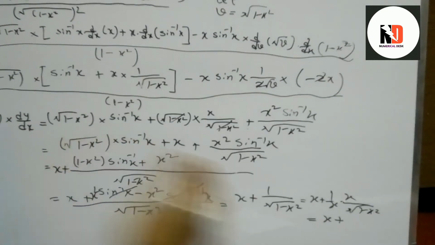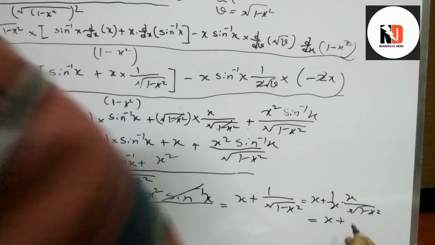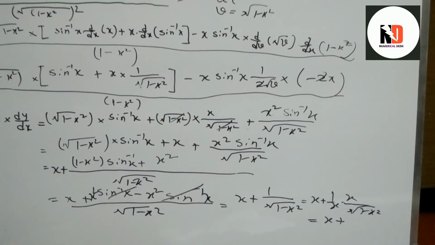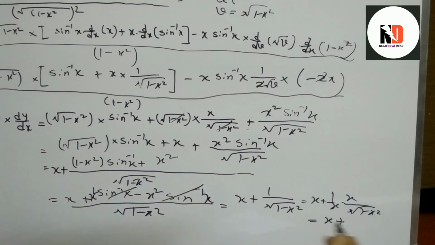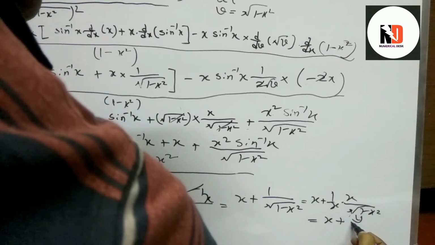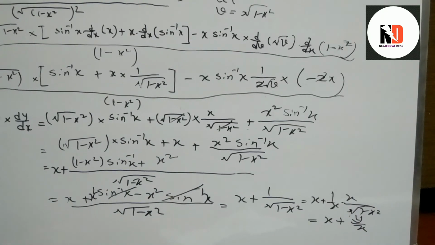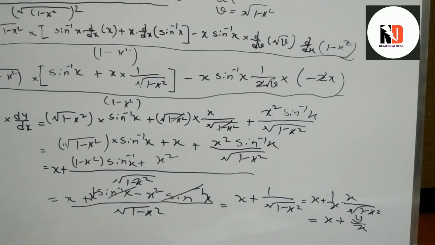I think you have followed the sum, it is not difficult. We just adjust an x in the denominator and the numerator, so the proof follows very quickly.